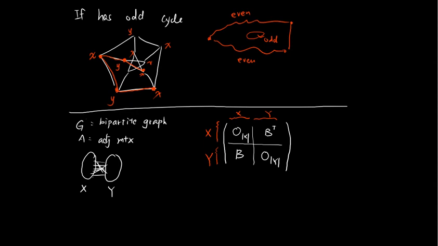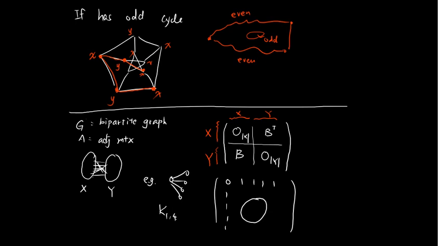So, for example, we can see this graph. This is called K_{1,4}, and its adjacency matrix looks like 0, and this is the first vertex, 1, 1, 1, 1, goes to all the 4 vertices, and a lot of zeros here. So the partition looks like here.